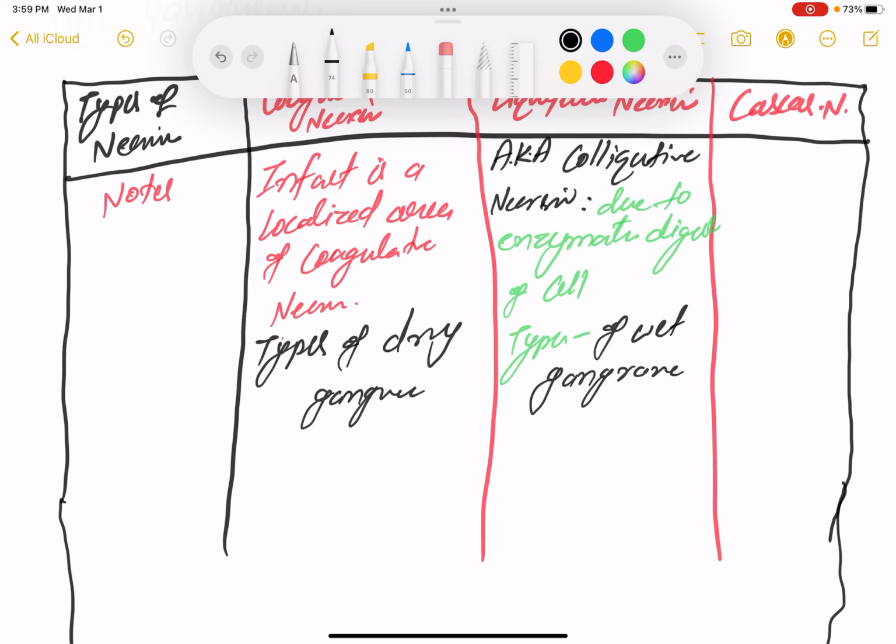Coagulative necrosis is a type of dry gangrene, but liquefactive necrosis is a type of wet gangrene.